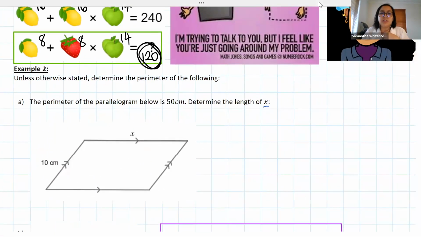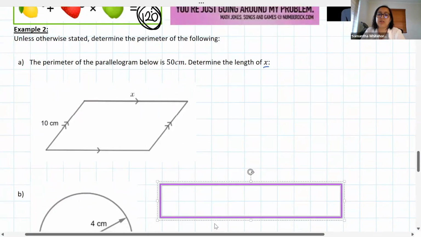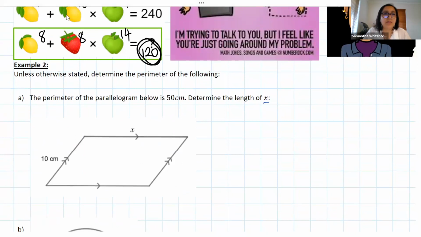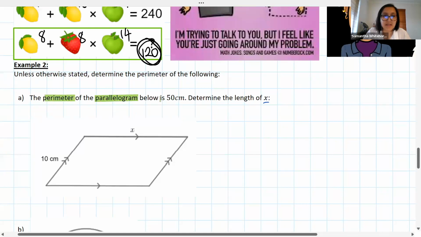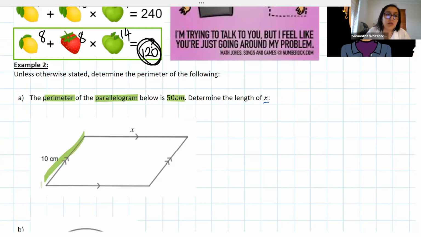Right, so the second question, I have given you information that we have a parallelogram and its perimeter is 50 centimeters. So if you were to go along the perimeter of this parallelogram, you know it's 50 centimeters.